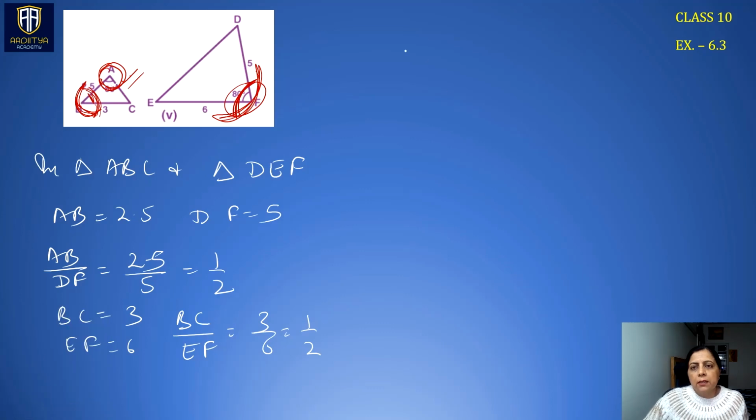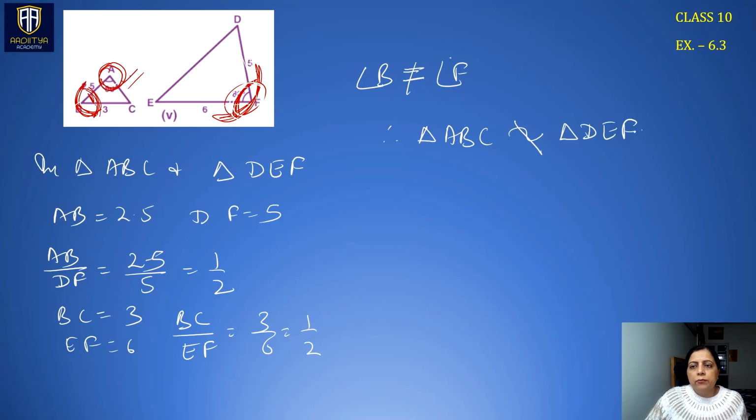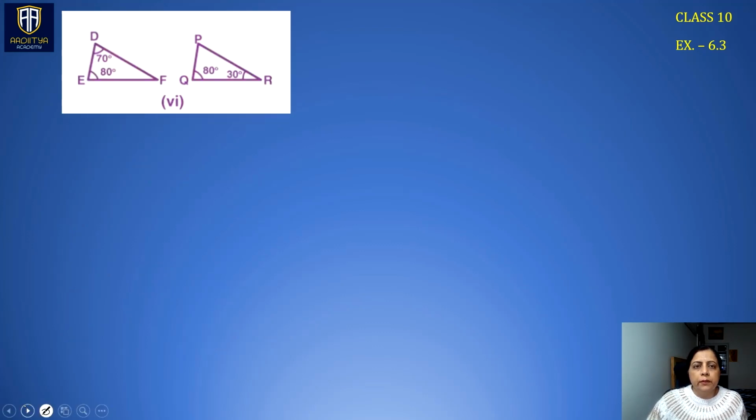So since angle B is not equal to angle F, it should always be the angle including the two sides. Here it is not. Therefore, triangle ABC is not similar to triangle DEF. Right?